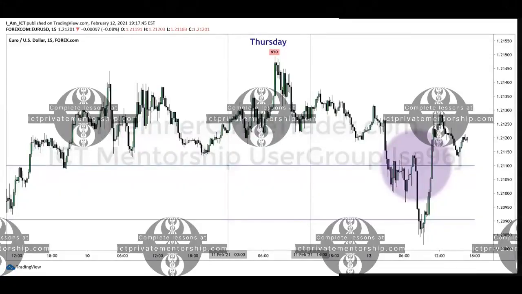Okay, so with that logic in mind, looking at this area right in here, we had relative equal highs, so we had buy side liquidity here. The market runs up and takes that there. You see that? It runs above these highs right there. When did that move start? Did it start here?